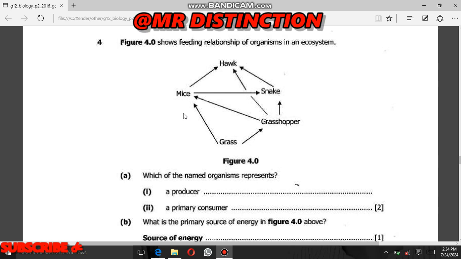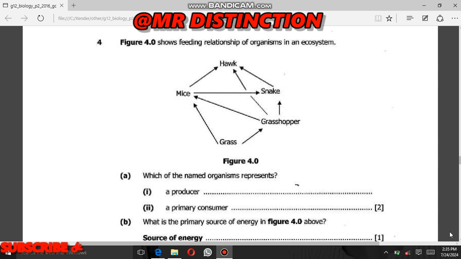In this case, how many organisms are feeding on a producer? We have grasshopper, we have also mice. So we can either go for mice or for grasshopper. Both of them are primary consumers.